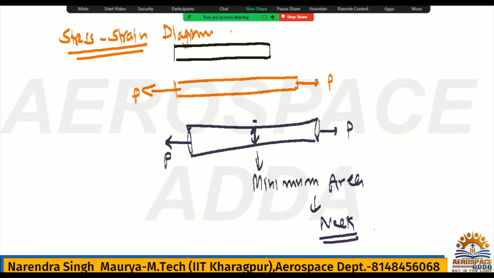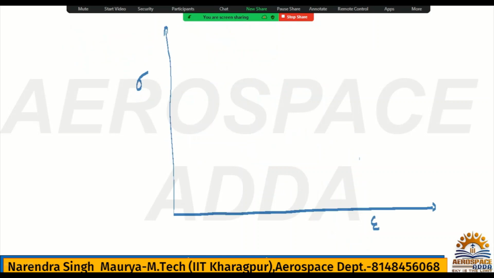Once you increase this load P in the bar, the length will be increasing, that is true. And somewhere in between the thinning process will also occur, that is, the area will be decreasing, and where the minimum area occurs is also called the neck. And the corresponding graph will be something like this. I am just directly drawing here.